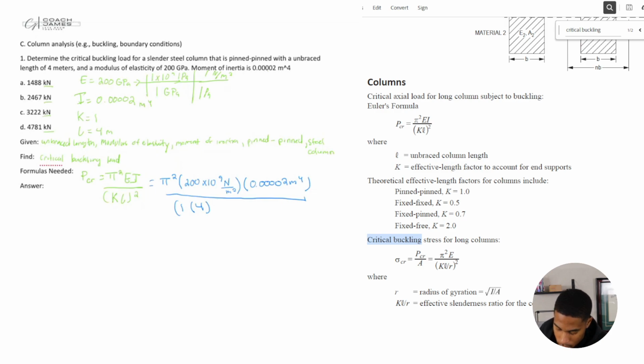And I'm going to write out the unit so you're not confused. 4 meters, all of this in parentheses squared. All right. So I get my answer to be 2,467 kilonewtons. Or B.